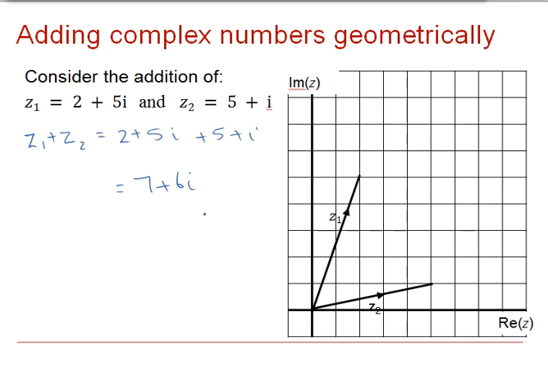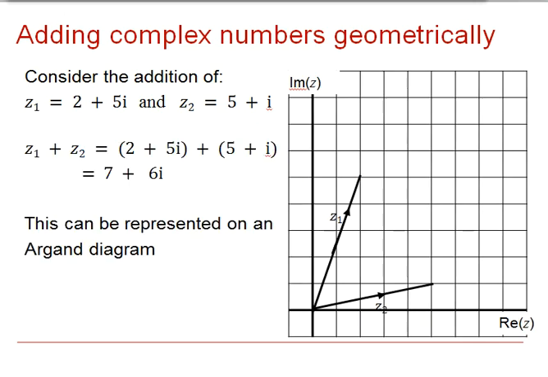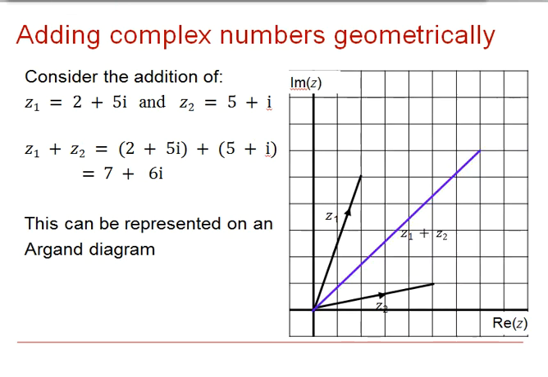If we look at these two complex numbers on the Argand diagram, we can see that indeed z1 is at the 2 plus 5i point coordinate, and that z2 is at the 5 plus i. We can also represent z1 plus z2 equals 7 plus 6i on the diagram, as shown here by the blue line.